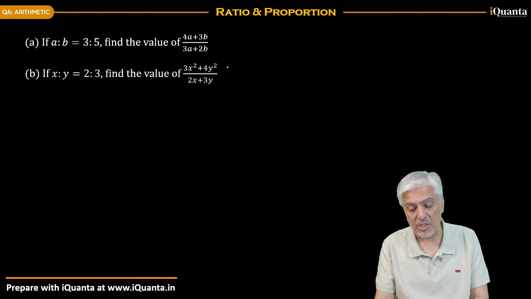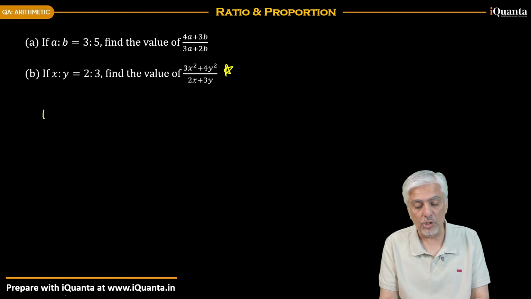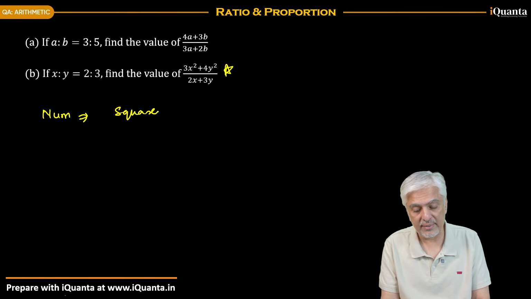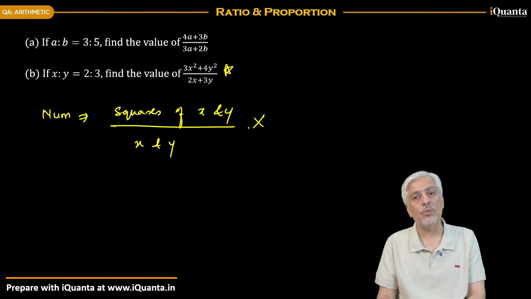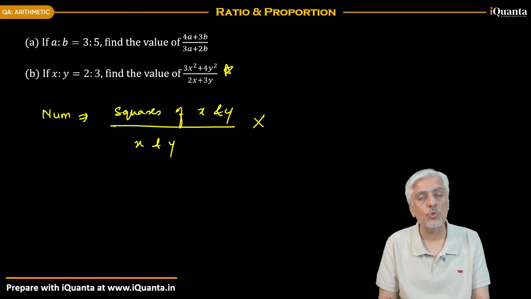Here also the question was a ratio, but in the numerator there were squares of x and y, while the denominator had only x and y. And that is why the direct method doesn't work. You can't just put x as 2 and y as 3.